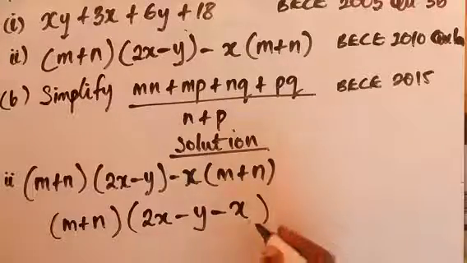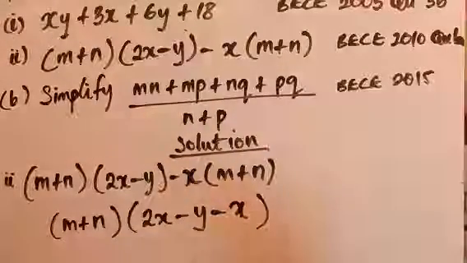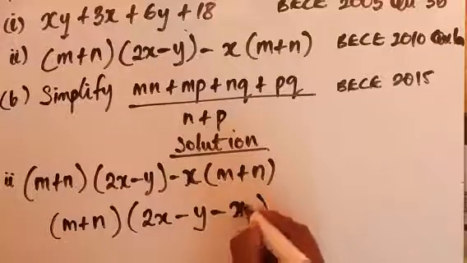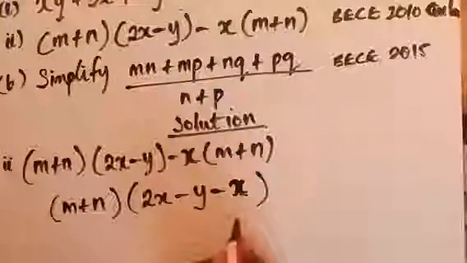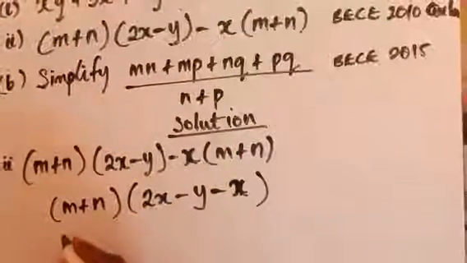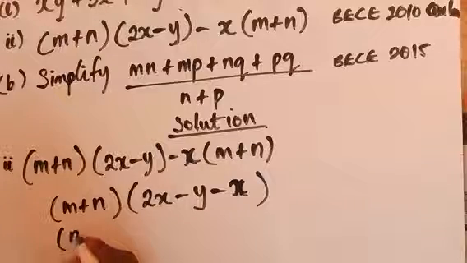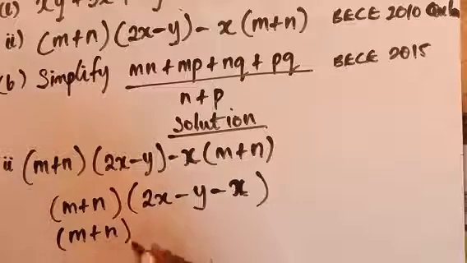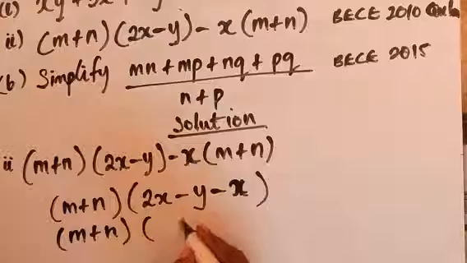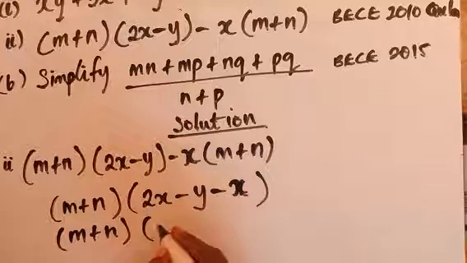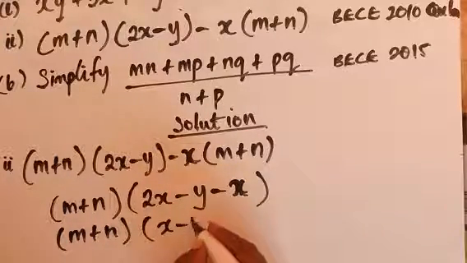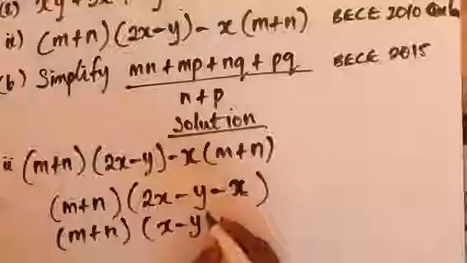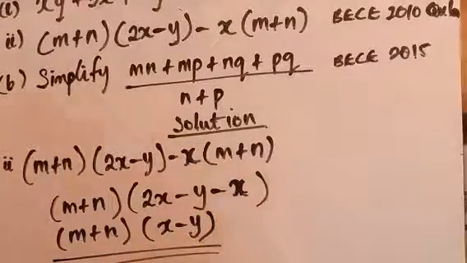So this x will reduce the 2x. My final value will be m plus n, then when I take x from 2x, I'll be left with x minus y. So this one becomes my solution.